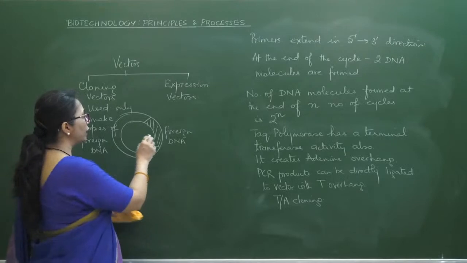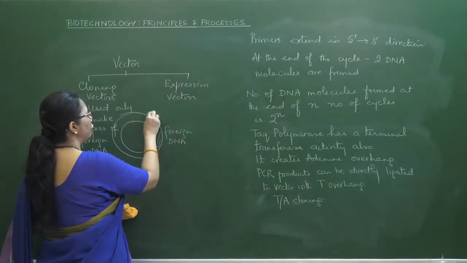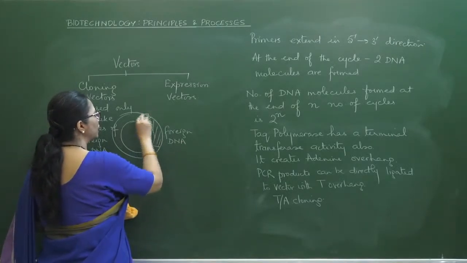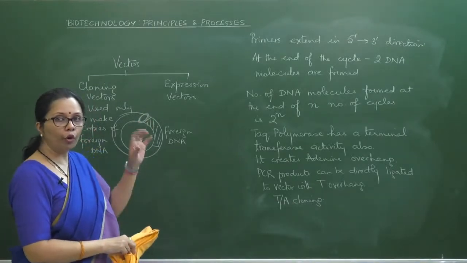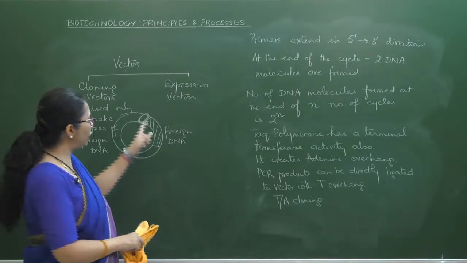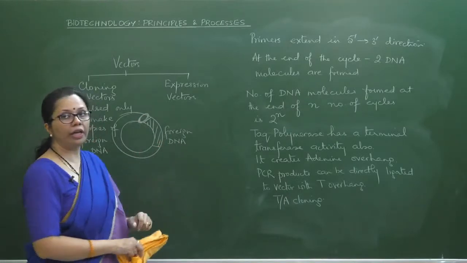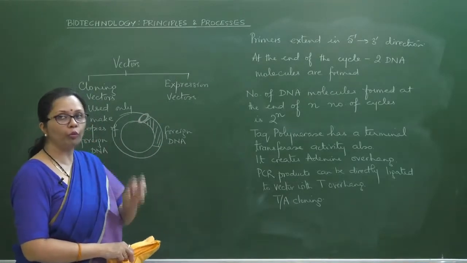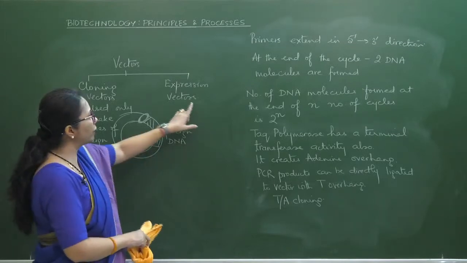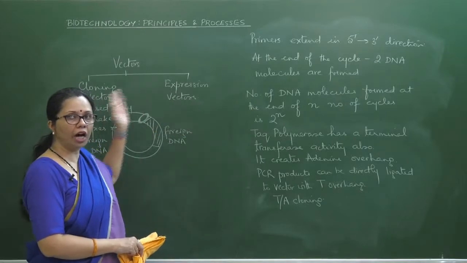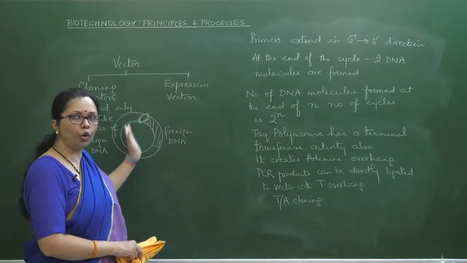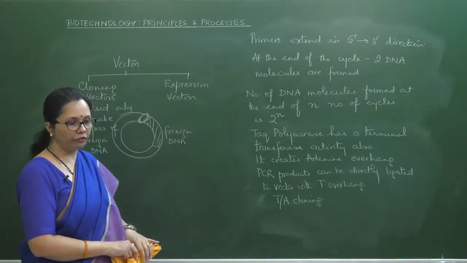Along with the foreign DNA, we will have to put another sequence here, and that sequence is a promoter. A promoter has to be there, because when there is a promoter, this foreign DNA will express. Otherwise, without the promoter, it will not express. Then it becomes an expression vector. So you see, all expression vectors are cloning vectors, but all cloning vectors are not expression vectors.